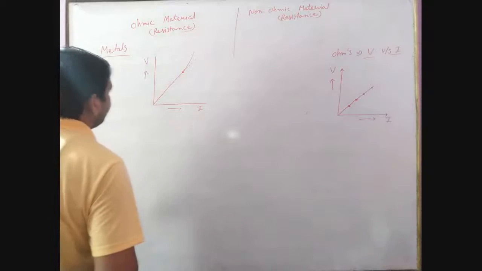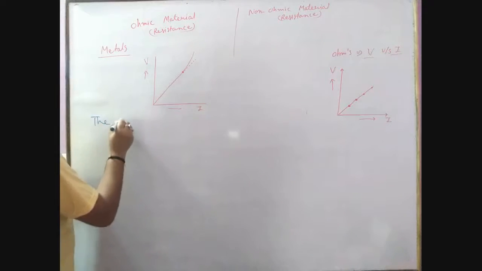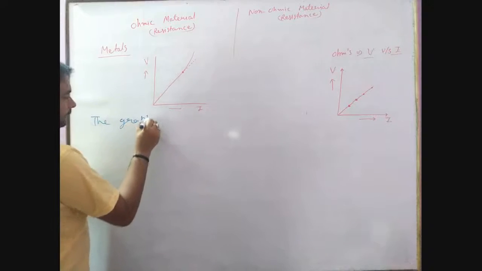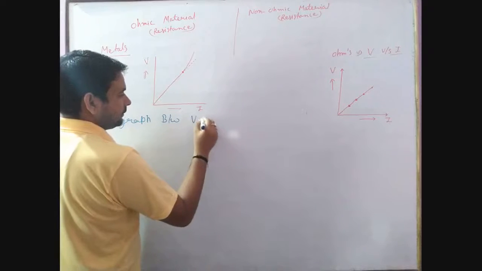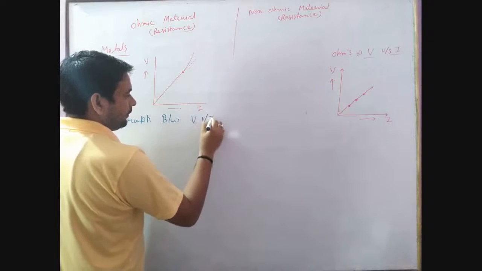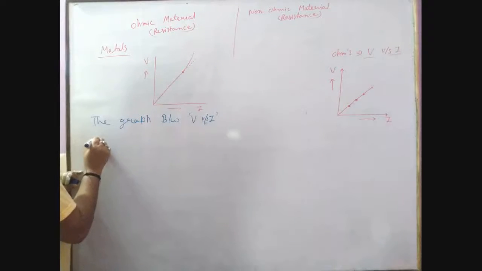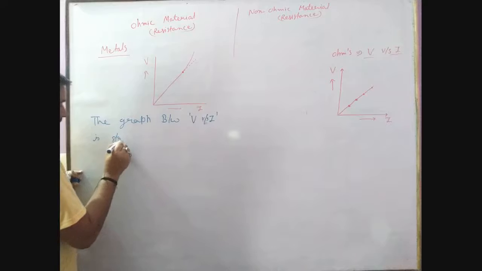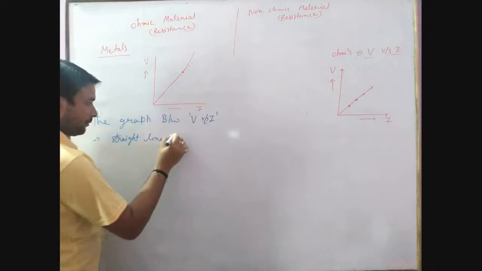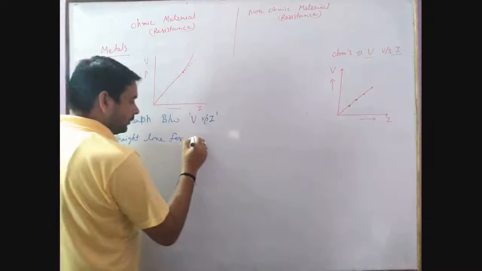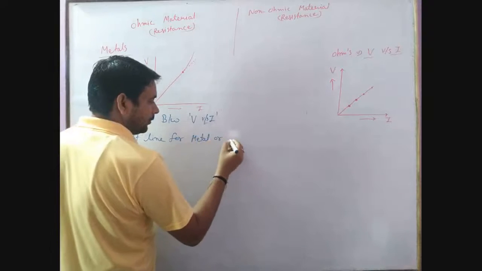So we can write here: the graph between V versus I is a straight line for metal or conductor.